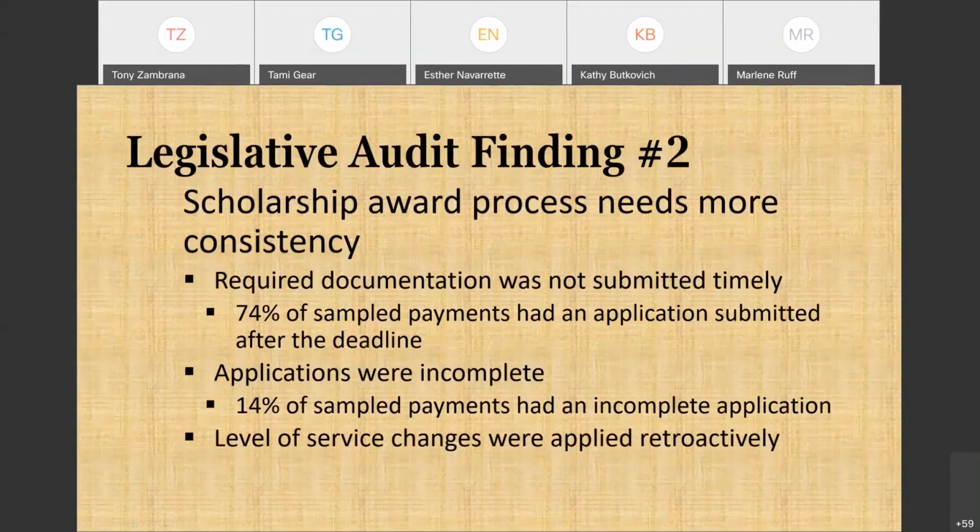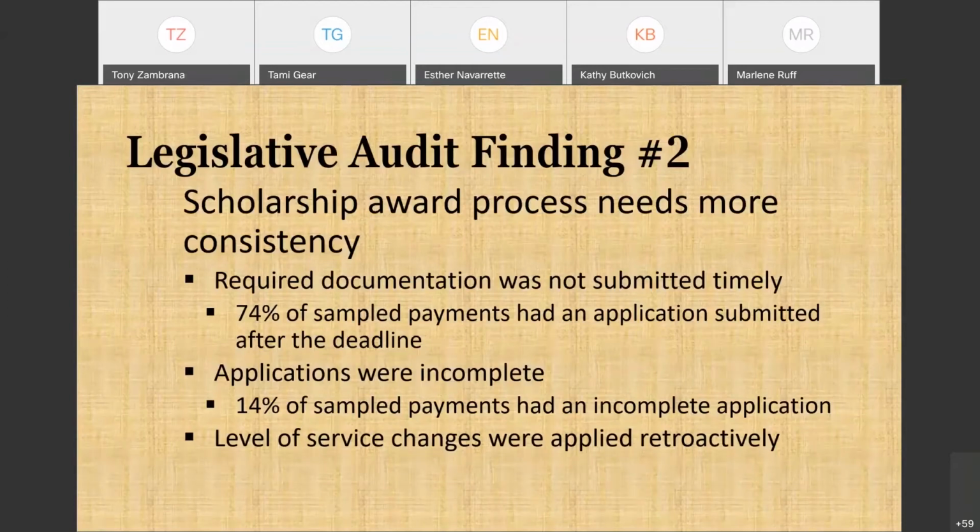And so if a child is a level 1 and you decide that they need to be a level 2, and you decide it in the middle of quarter 2, for example, that service level goes forward, not backwards.